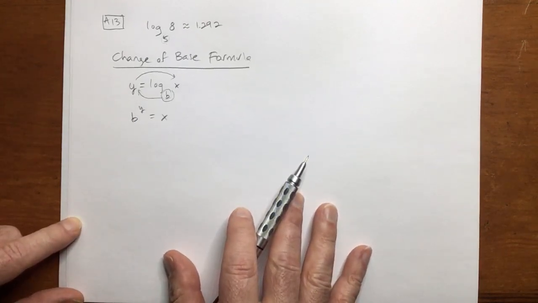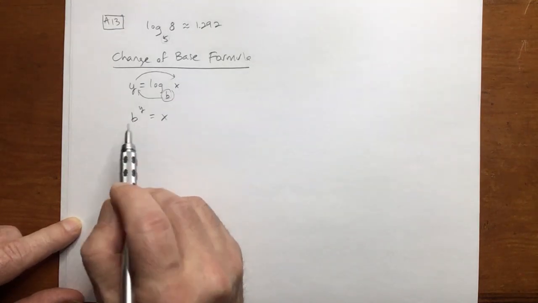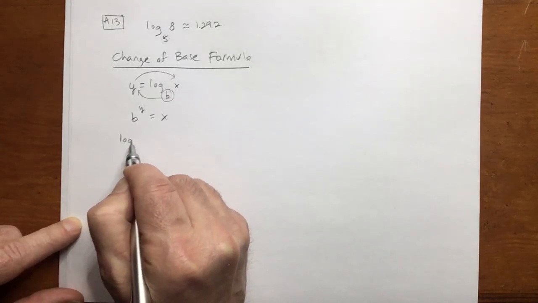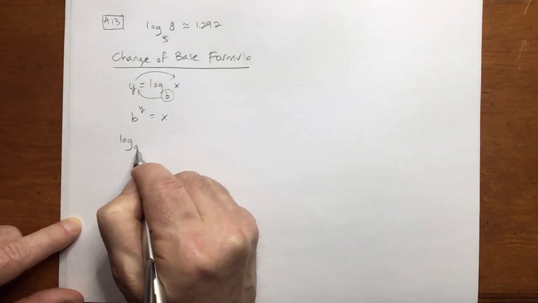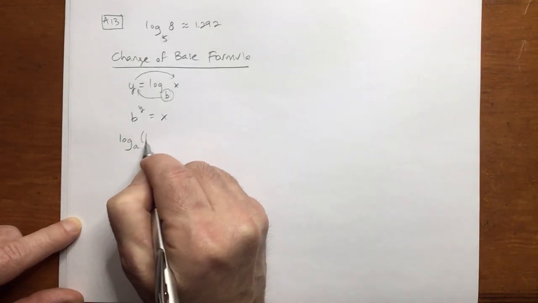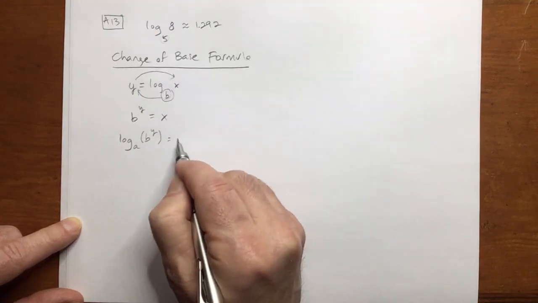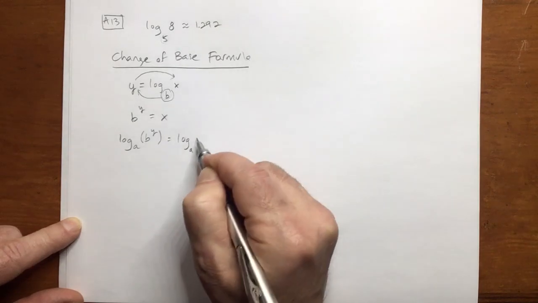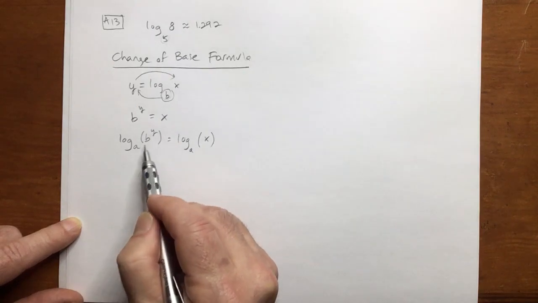So what I'm going to do is take the log of both sides, and I'm going to choose to take a base that I want. Let's say I wanted log base A. So I'm going to take log base A of this side and log base A of that side. Well, now we see a log property right here.